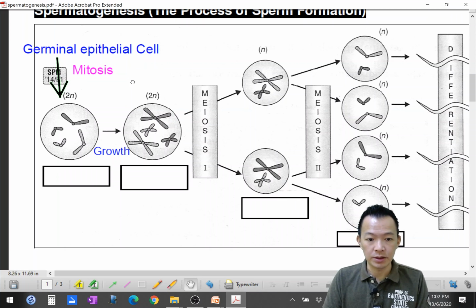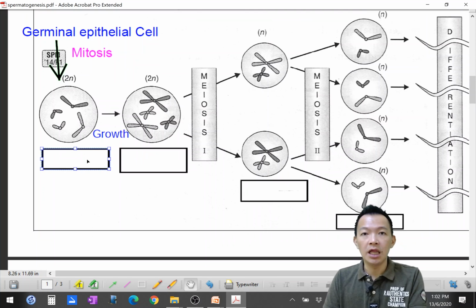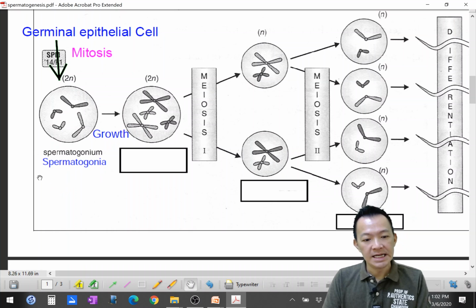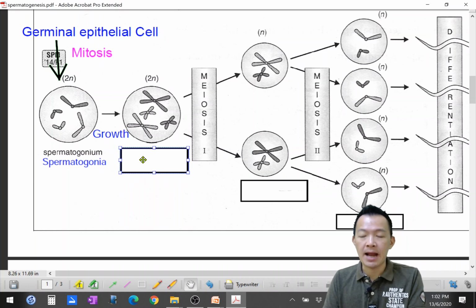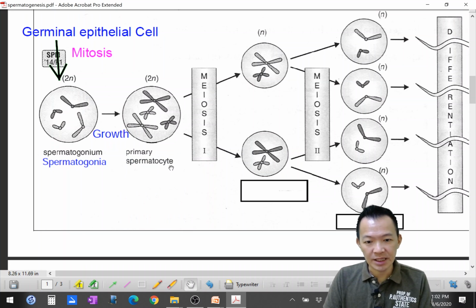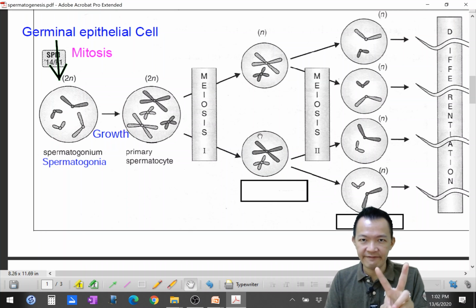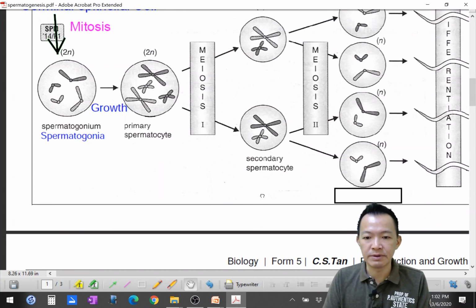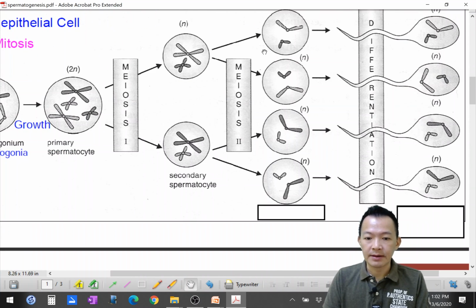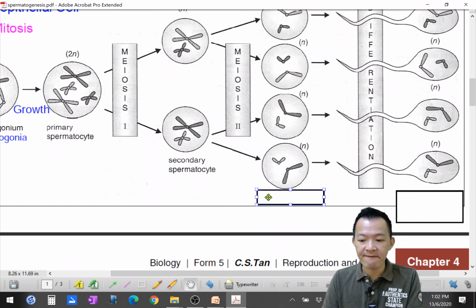The germinal epithelial cell repeats the process called mitosis, making a lot of spermatogonia, which is plural. Spermatogonia grow and become primary spermatocytes. The primary spermatocyte undergoes meiosis and completes meiosis 1 to become 2 half-ploid secondary spermatocytes. After this, the secondary spermatocytes undergo and complete meiosis 2 and become 4 spermatids.